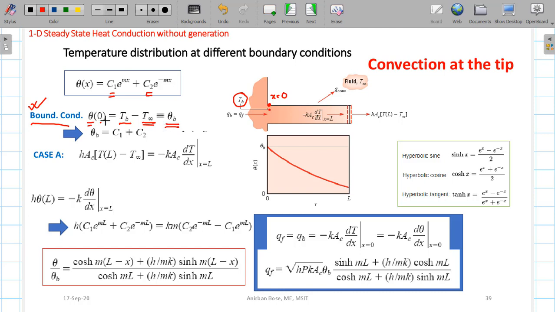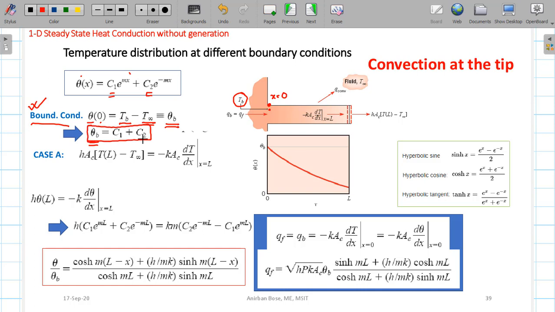So this is one boundary condition: if x is equal to 0, then theta will be equal to theta b. If you put this boundary condition here, the first equation relating C1 and C2 will be theta b equals, if you put x is equal to 0, these two terms will be 1, so C1 plus C2. So we got one equation relating C1 and C2.